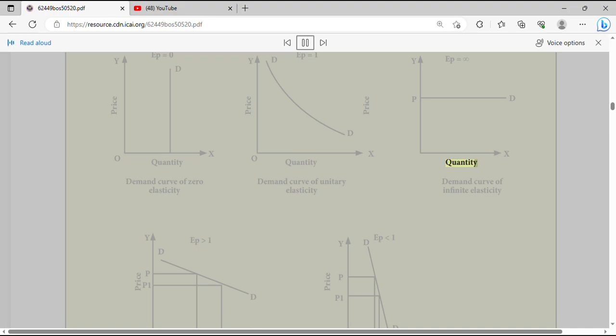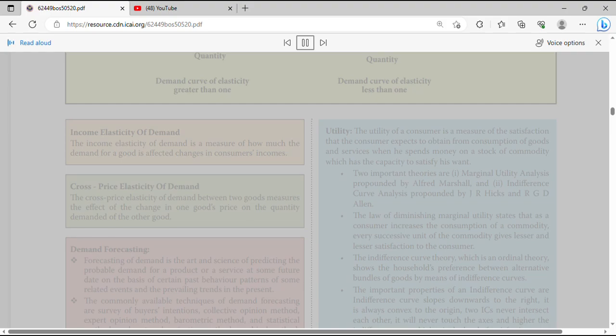Demand curve of infinite elasticity, Ep equals infinity. Demand curve of elasticity less than 1.